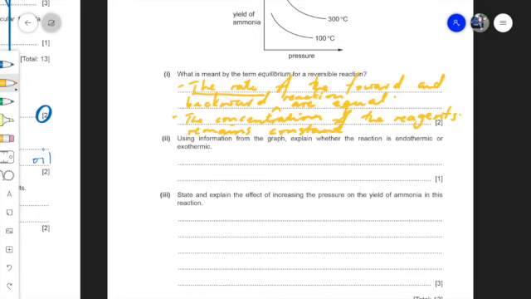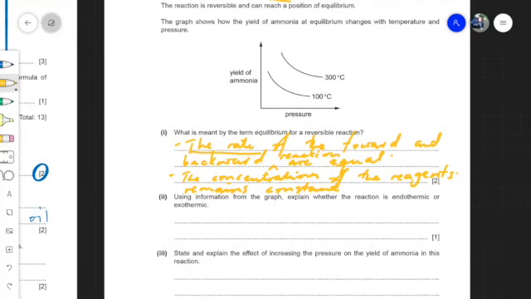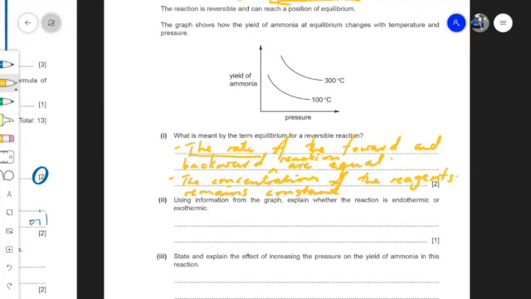Using the information from the graph, explain whether the reaction is endothermic or exothermic. Well, let's look at the graph. What is happening if you increase pressure? If you increase pressure at 100 degrees Celsius, the yield of ammonia is going to decrease, so it's lower.